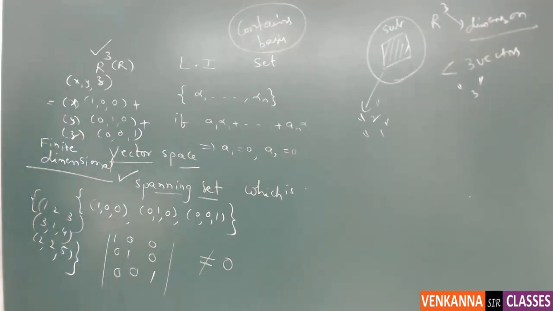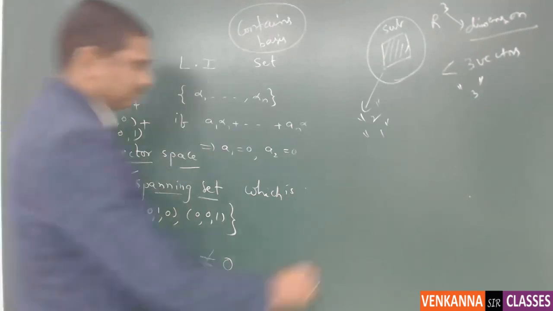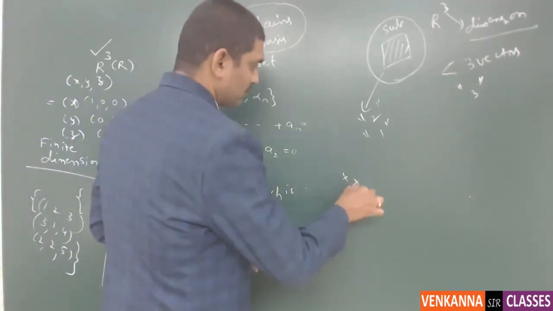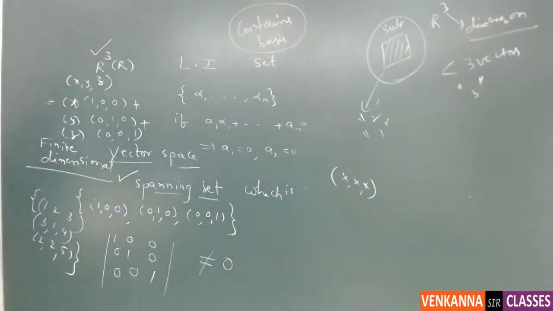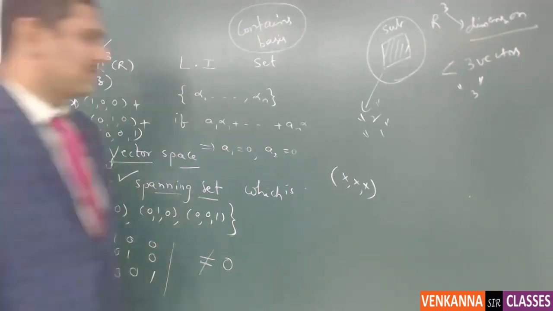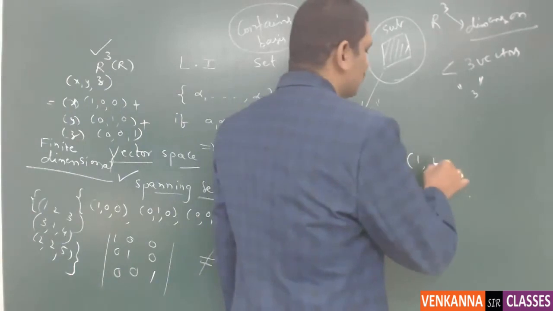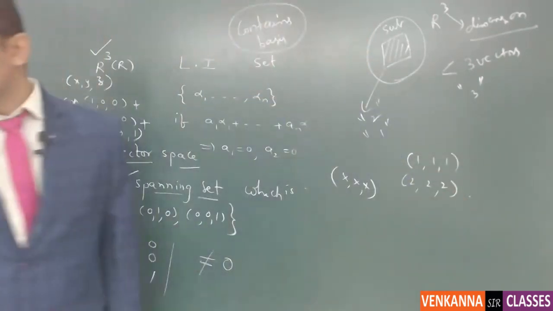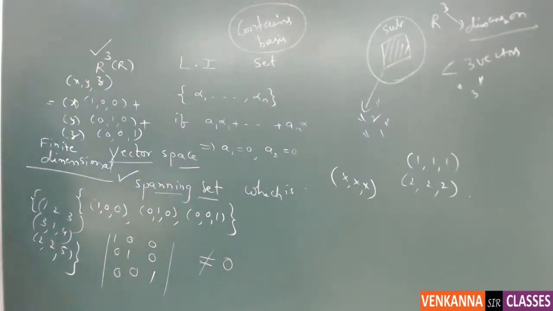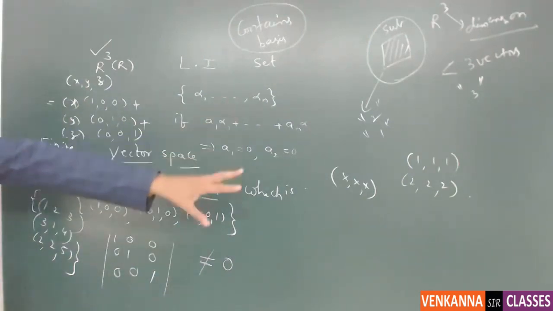So if you say that x, you are taking all the values as identical. Is that your notion? You are saying I am taking all the values as 1,1,1, 2,2,2, 3,3,3, etc., x belongs to R. Is that your pattern of vectors taken?